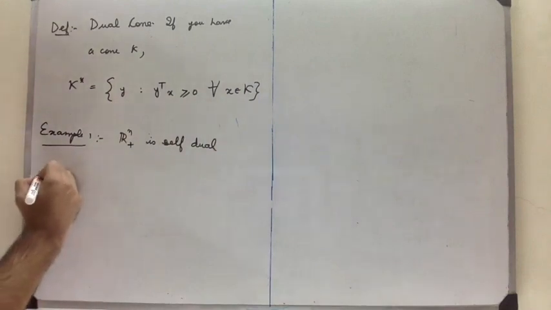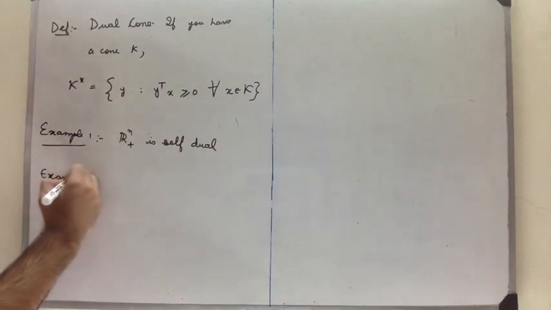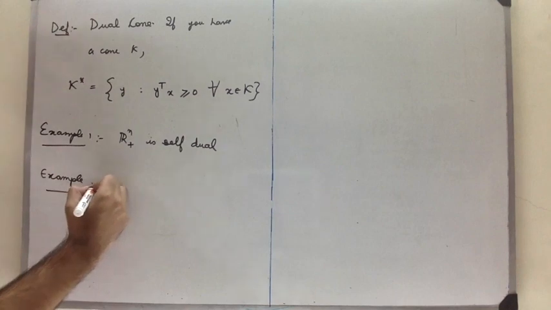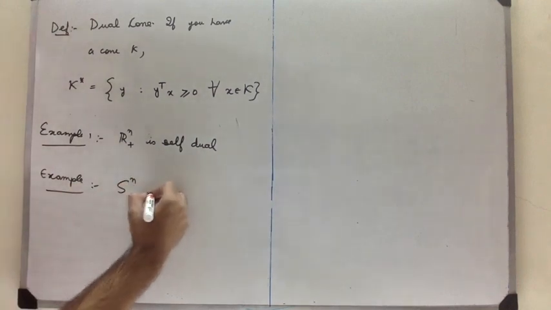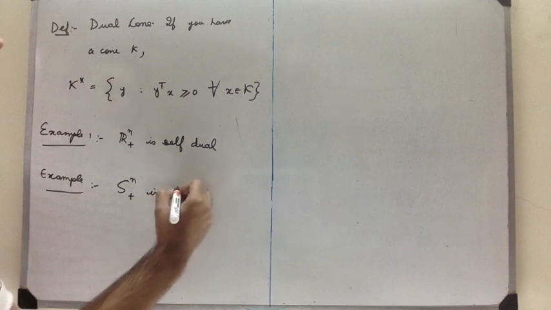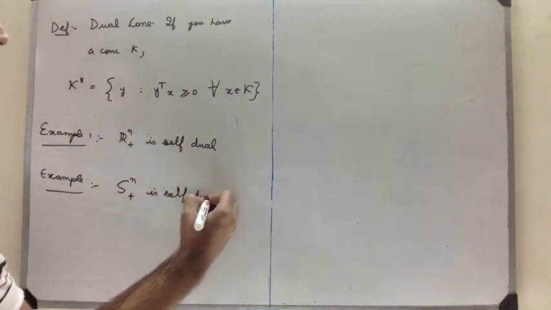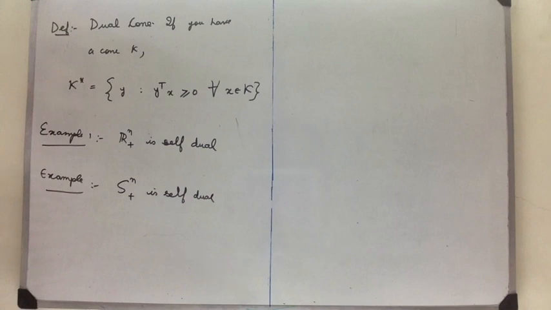Another example is the positive semi-definite matrices Sn plus, which is also self-dual. One can show this quite easily. I'm not writing the proof here for want of time. One can check the proof in the book by Boyd or my written notes.